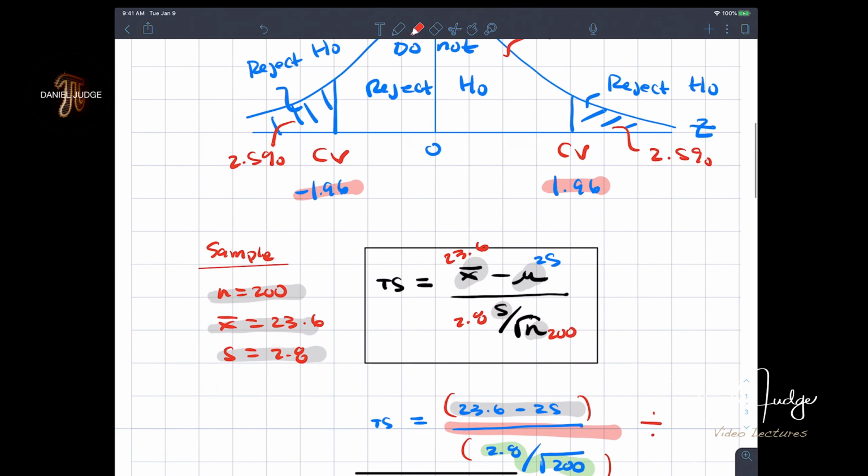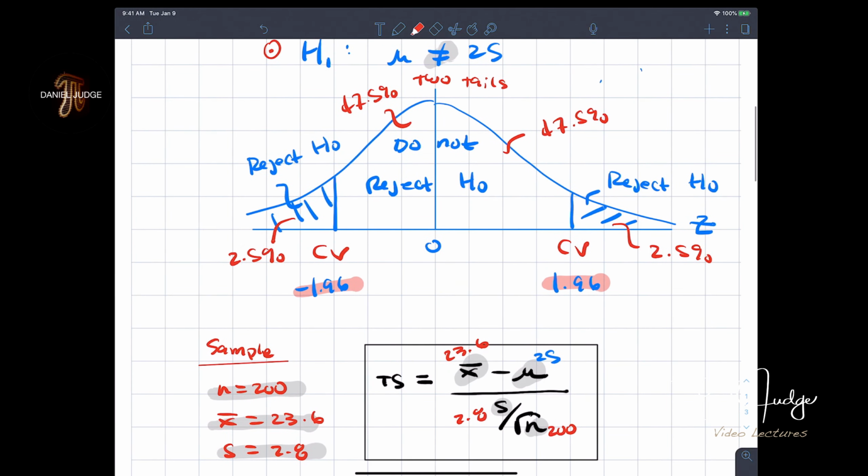Well, this is 0, and positive numbers are to the right, negative numbers are to the left. So the test statistic value is actually past the critical value. It's way out over here. This is where negative 7.07 would be if we extended.